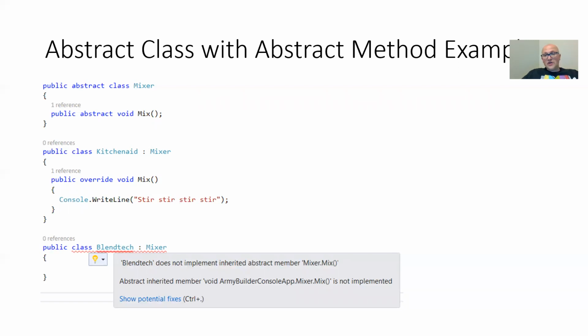Okay, and you can see here that Visual Studio is generating an error saying, hey, BlendTech has to implement the inherited abstract member mixer.mix, okay? So you can see here that because a BlendTech is a mixer, it has to know how to mix, but it's not going to get that mix behavior from its parent class. Okay, this is once again how we enforce behavior without sharing behavior.